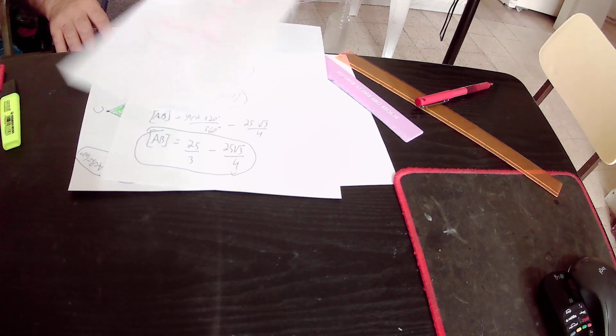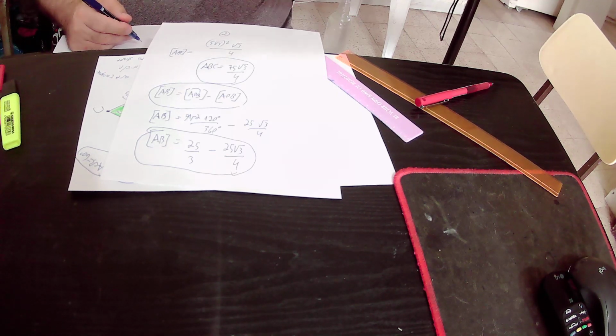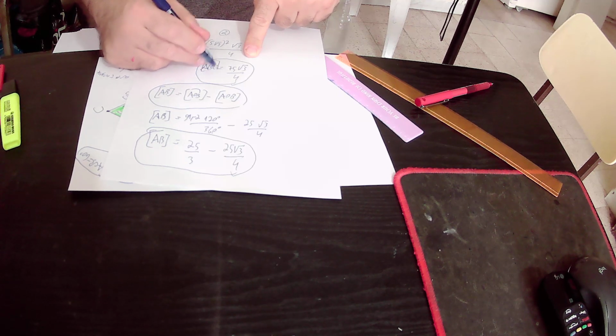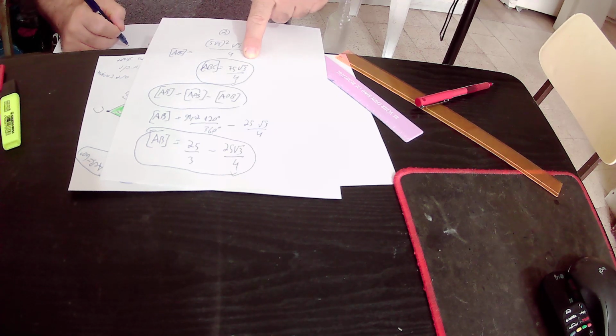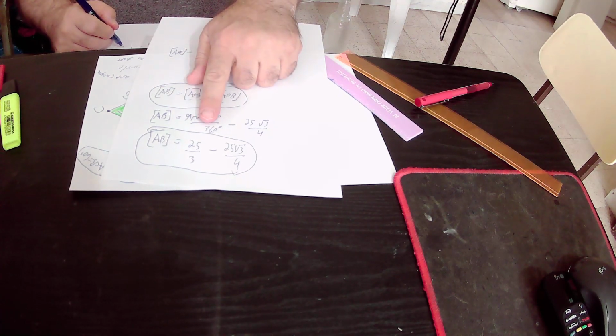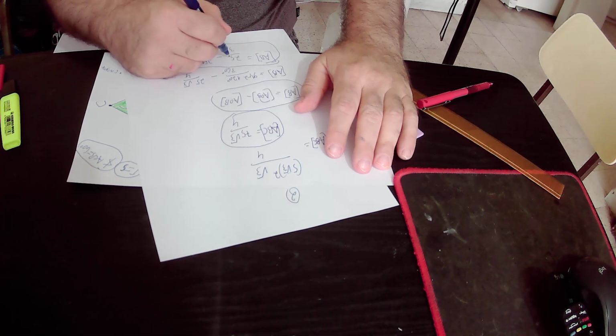The area of equilateral triangle ABC is 75 times root 3 over 4 square units, minus the area of circular segment AB.